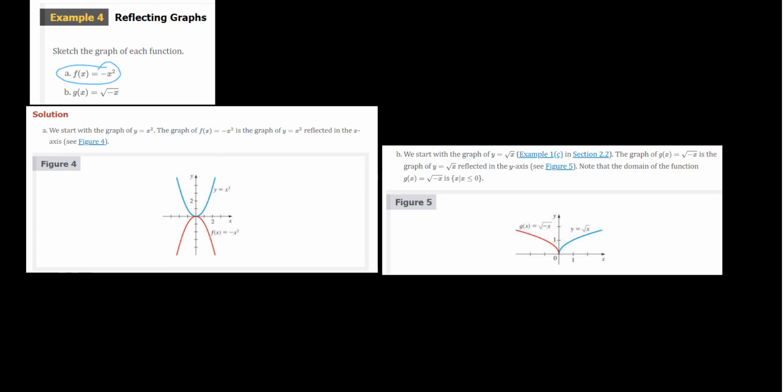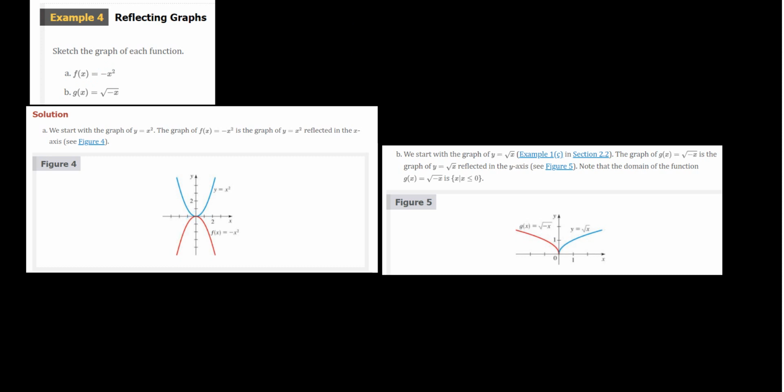Well, it's x squared, and we know it's a parabola that opens upward. If I take the negative of that parent function, then we take it and we flip it down. That's it.